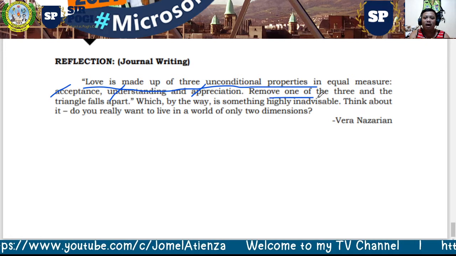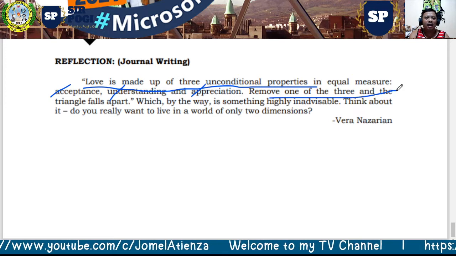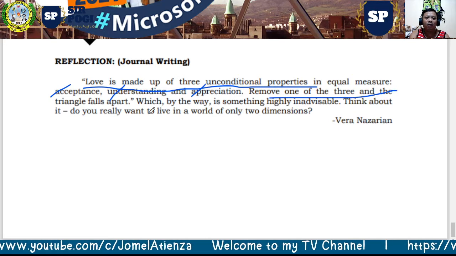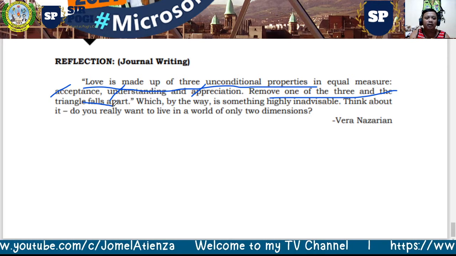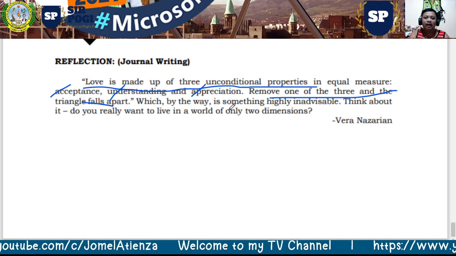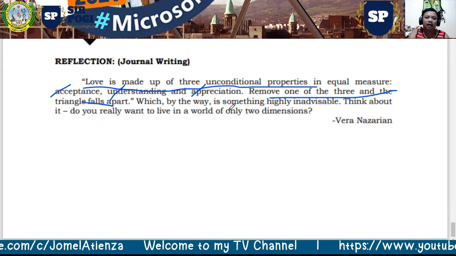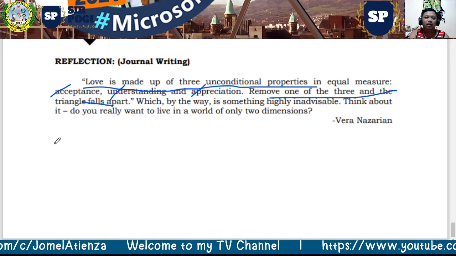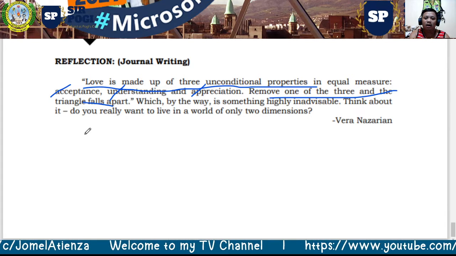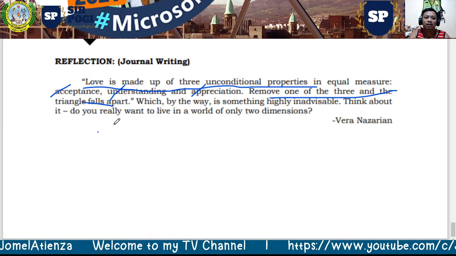Remove one of the 3 and the triangle falls apart, which is highly inadvisable. Think about it: do you really want to live in a world of only 2 dimensions?